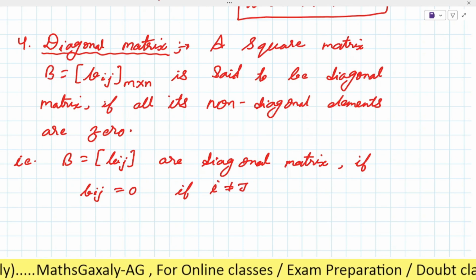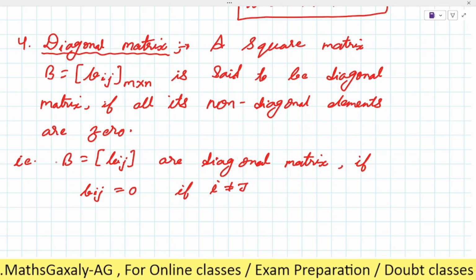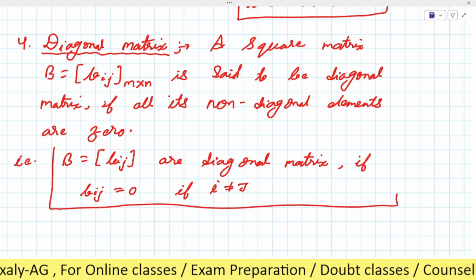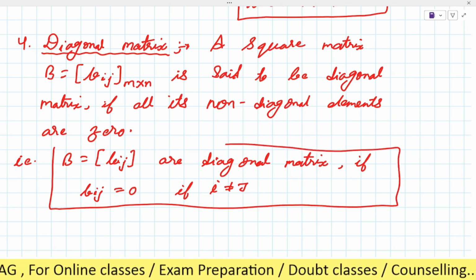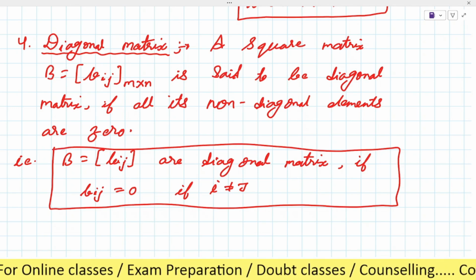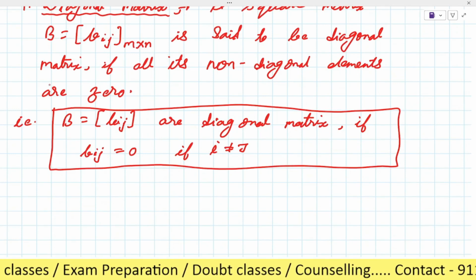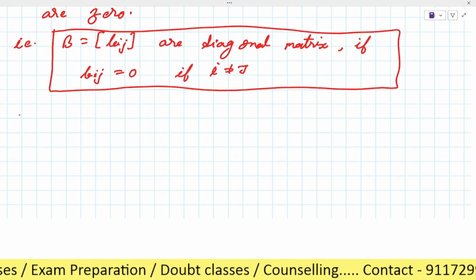If i is not equal to j, then that type of matrix will be known as a diagonal matrix. Now here there are 2 or 3 points which you have to know. Before that, let's see an example.